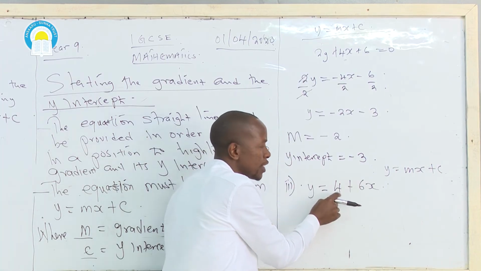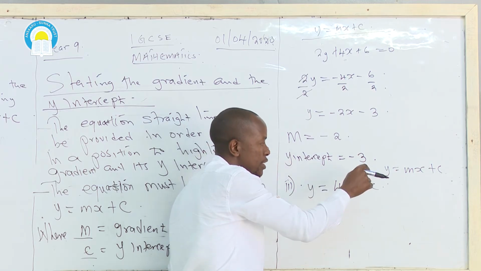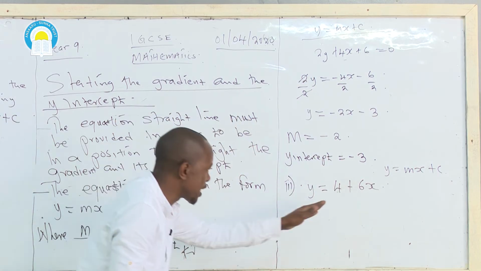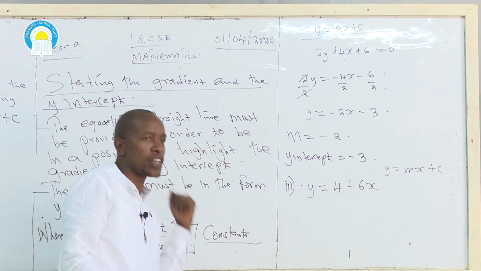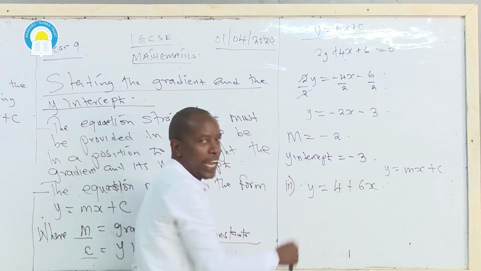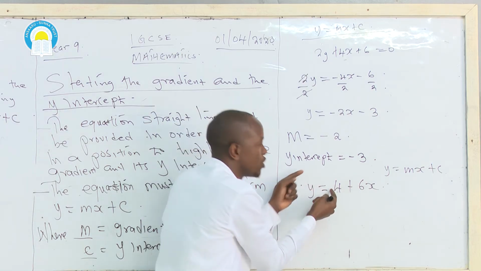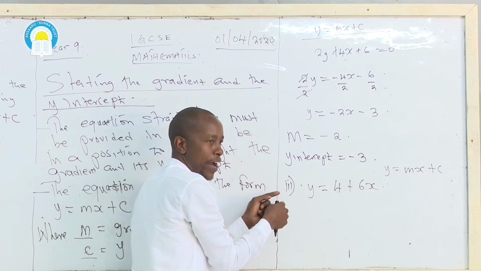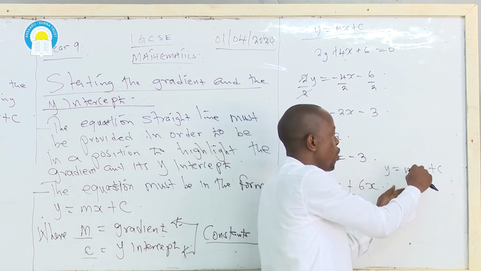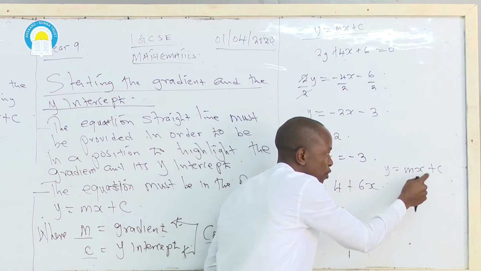Now, the constant c has already started, so we move it to the other side, as in, we rearrange that equation. It is not crossing the equal sign. The sign only changes when it crosses the equal sign. But in this case, it is not crossing the equal sign. It's only that we want to write it in the form of y is equals to mx plus c, where mx starts, followed by c.